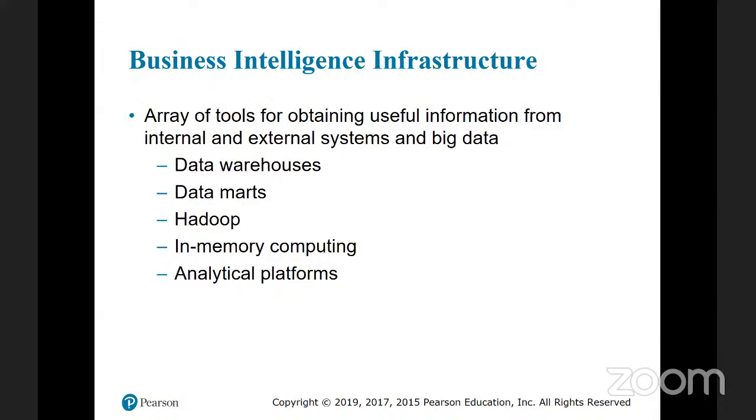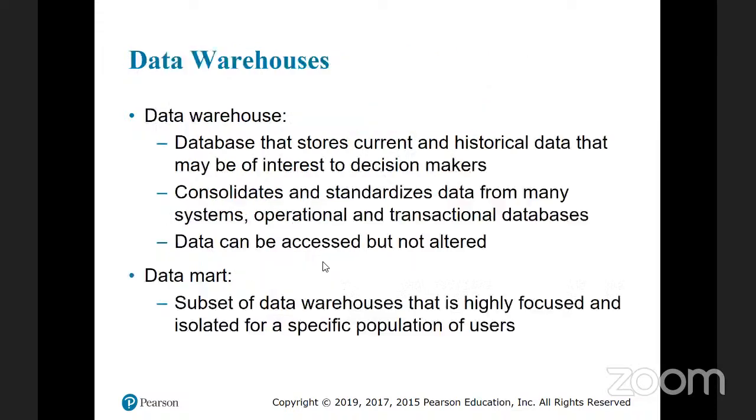So in that context, there is the opportunity for business intelligence infrastructure, which includes data warehouses, data marts, Hadoop, in-memory computing, and various analytical platforms. A data warehouse is a database that stores data that is of interest to decision makers. It consolidates data across various data sets, both transactional. Remember when we talked earlier, weeks ago, about transactional processing systems?